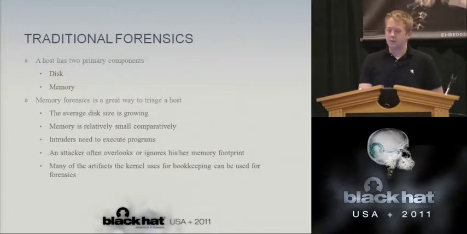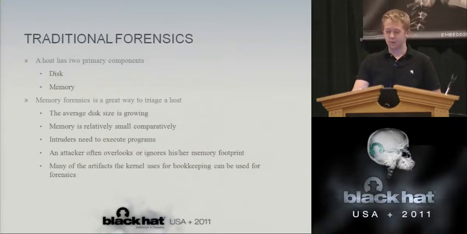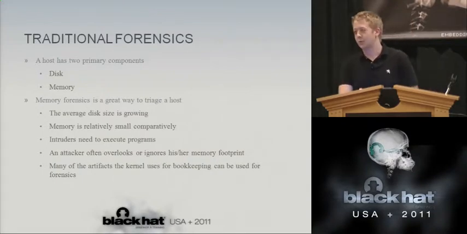Traditional forensics is focused on two primary components, obviously the disk and memory. Disk has really been what has been focused on for the most part. Most tools for forensics target the disk and its contents, the files existing on it. It wasn't really until recently that memory was approached as a tool for forensics.